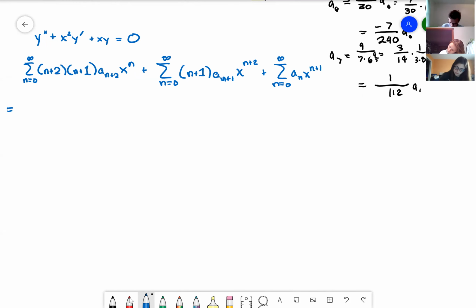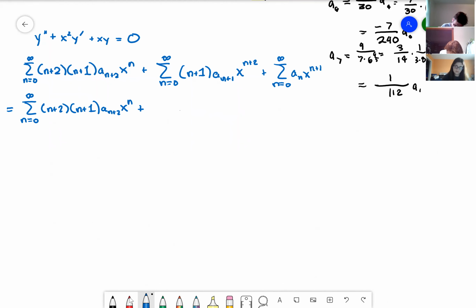Okay, so now rewriting these things so that they all have x to the n: the sum of n plus 2, n plus 1, a n plus 2, x to the n, plus, and we start at 1, and we replace all the n's with n minus... Oh, no, sorry.